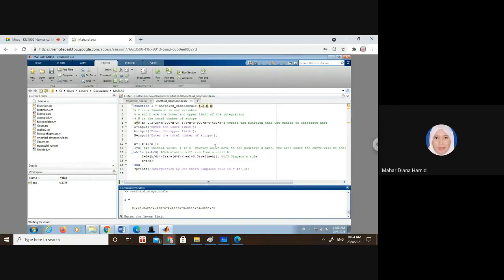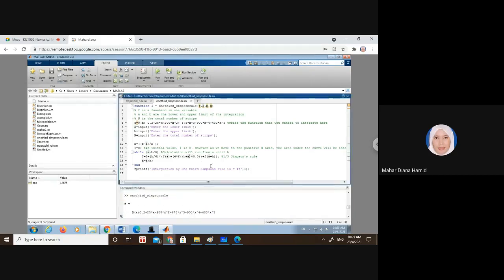Try to do that again. So the lower limit would be 0 and 0.8. I think that's right. So it should be H plus.